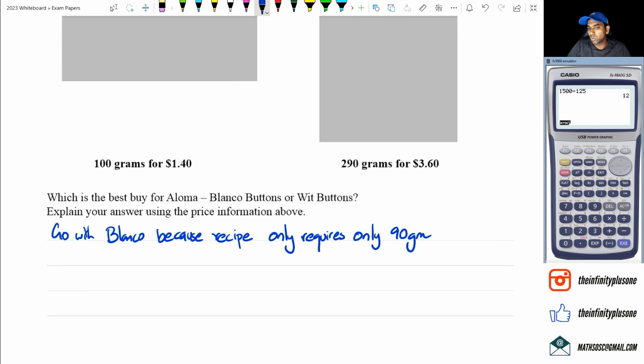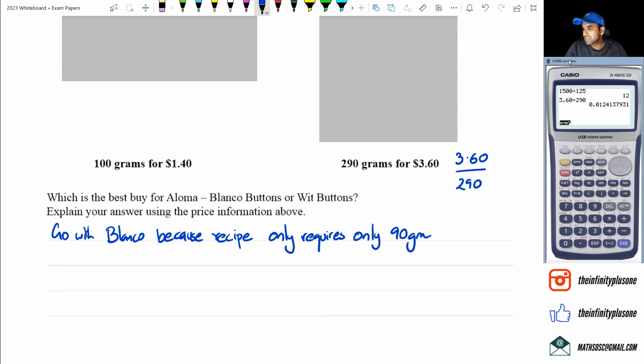But with the other one, you're spending more, because you've got to spend $3.60 for 290 grams. But what we want to know is whether it's actually cheaper than the Blanco one. So we're going to take $3.60 and divide it by 290 first. Now you might be wondering, what's happening here? So I'm going to go into my calculator and do 360 divided by 290.